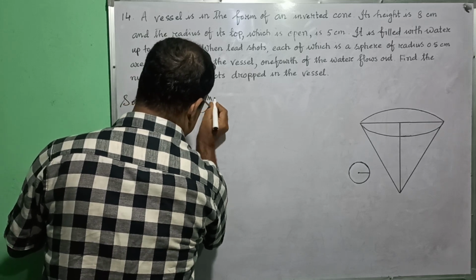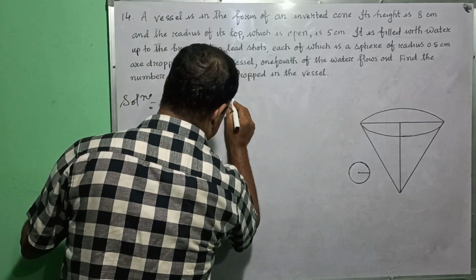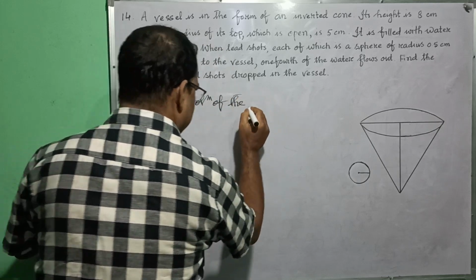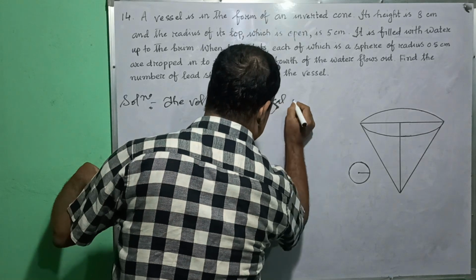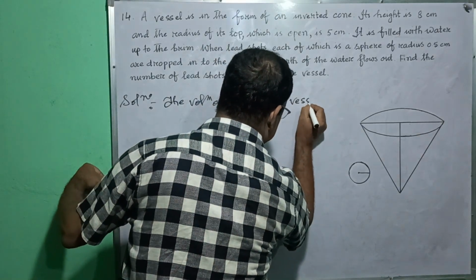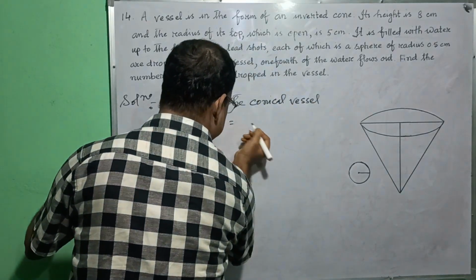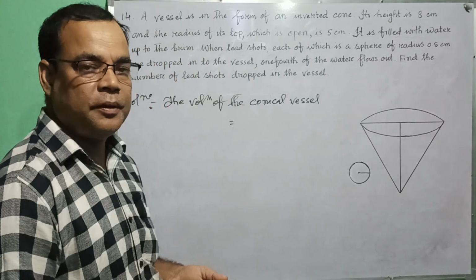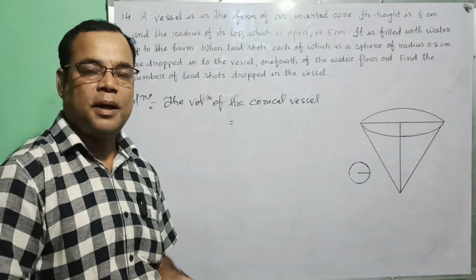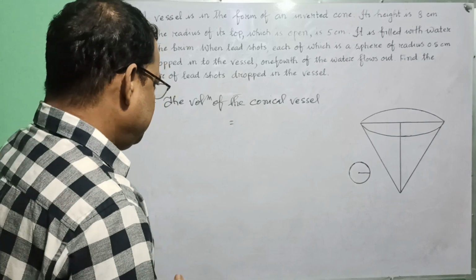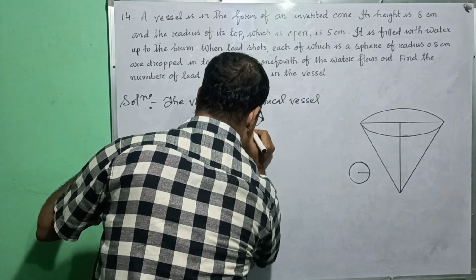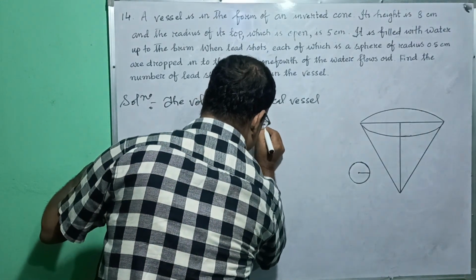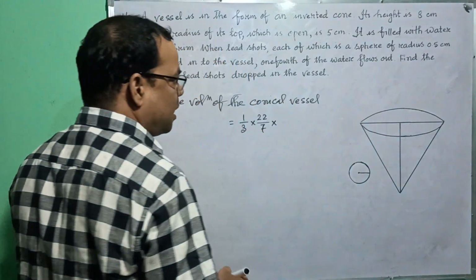So we'll write the volume of the conical vessel equal. The volume of the cone is 1/3 pi r square h. So we'll write 1/3 into 22/7 into r.